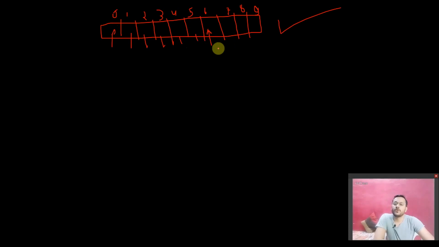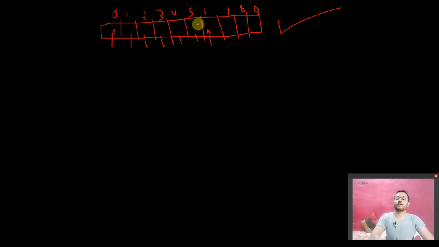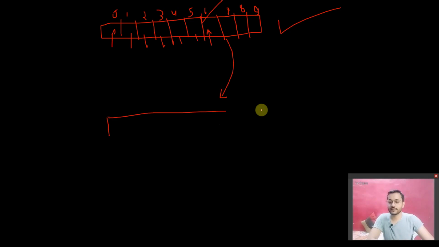Now, as the load factor is saying, as you check here, we follow indexes from 0 to 9 for a capacity of 10, so as soon as you insert a value at index number 6, a new ArrayList will be created like this.